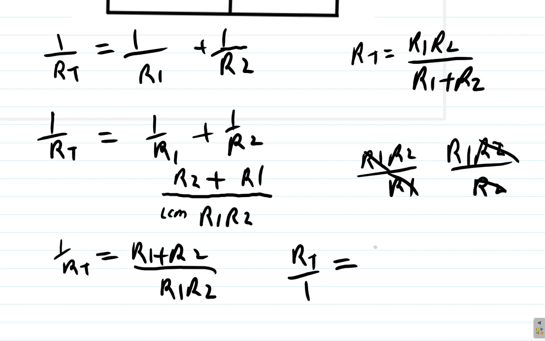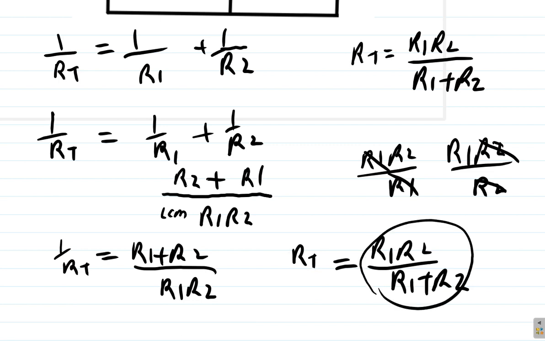You're going to get R1 R2 over R1 plus R2. RT over 1 you could just leave as RT. And then of course you have the product over sum, which is R1 R2 over R1 plus R2.